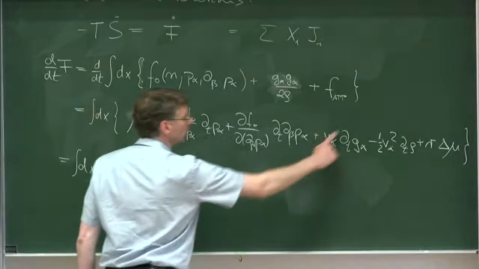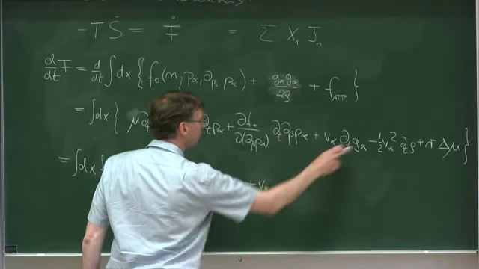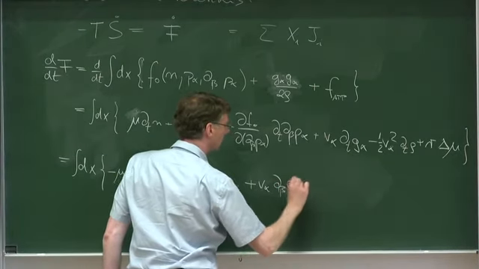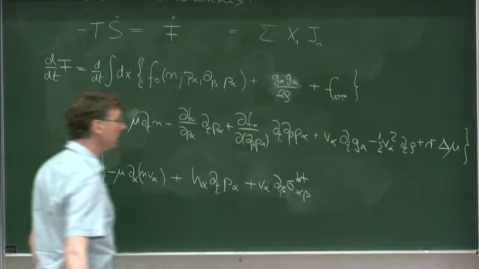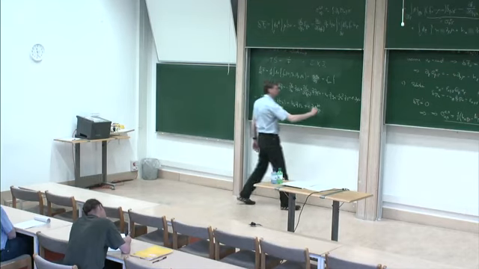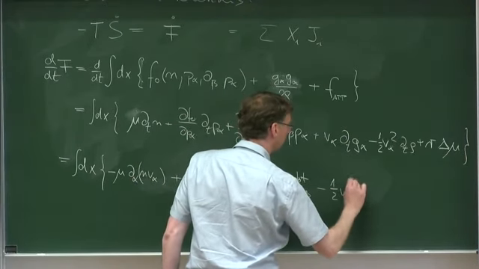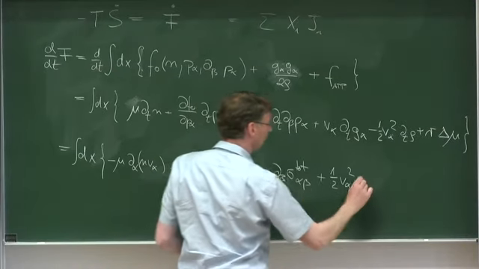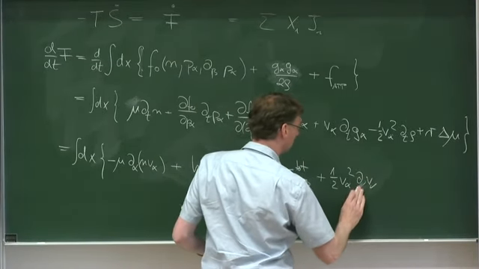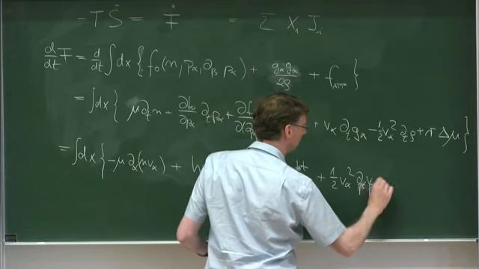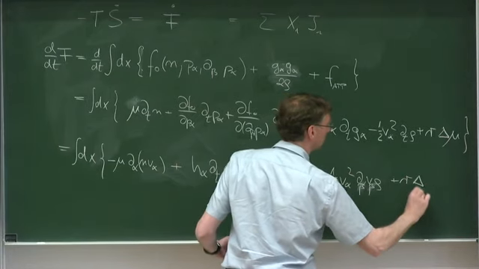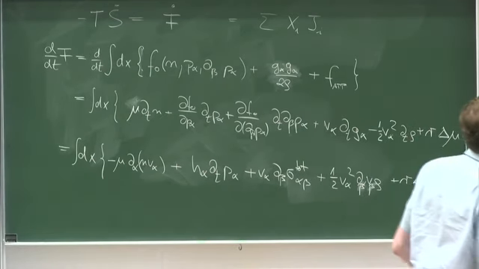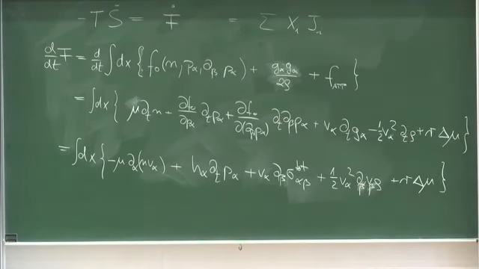Then we have to look at this term, so this is plus v alpha, and then here we have to use the conservation equation for momentum, so this is d beta sigma total alpha beta, and then again minus 1/2 v alpha squared dt rho, and so I have to use again plus d alpha, let's call this beta, d beta rho plus r delta mu. So maybe we keep this for some time.